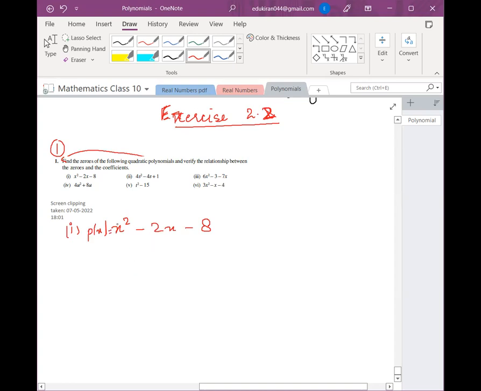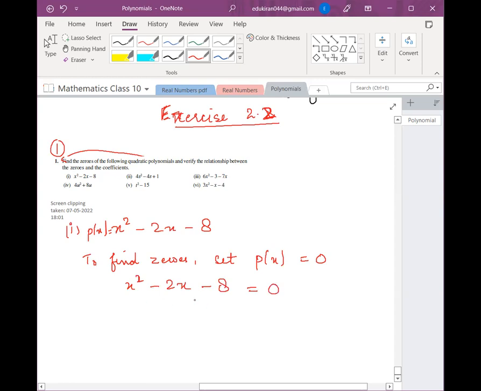Now to find zeros, set p(x) is equal to 0. Is this clear why I'm doing p(x) equal to 0? Because obviously 0 is that value at which the polynomial is going to become 0. So x square minus 2x minus 8 is equal to 0.